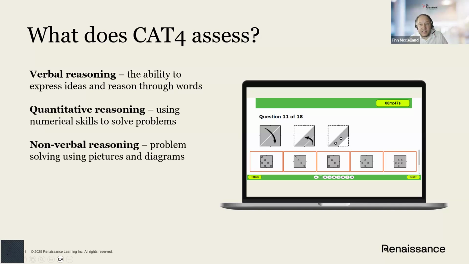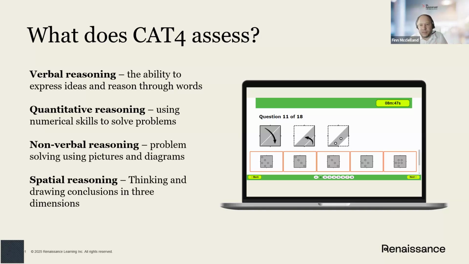Non-verbal reasoning assesses a student's problem-solving ability using pictures and diagrams. Skills essential in a wide range of subjects, including maths and science. And finally, spatial reasoning, which assesses a student's ability to think and draw conclusions in 3 dimensions.